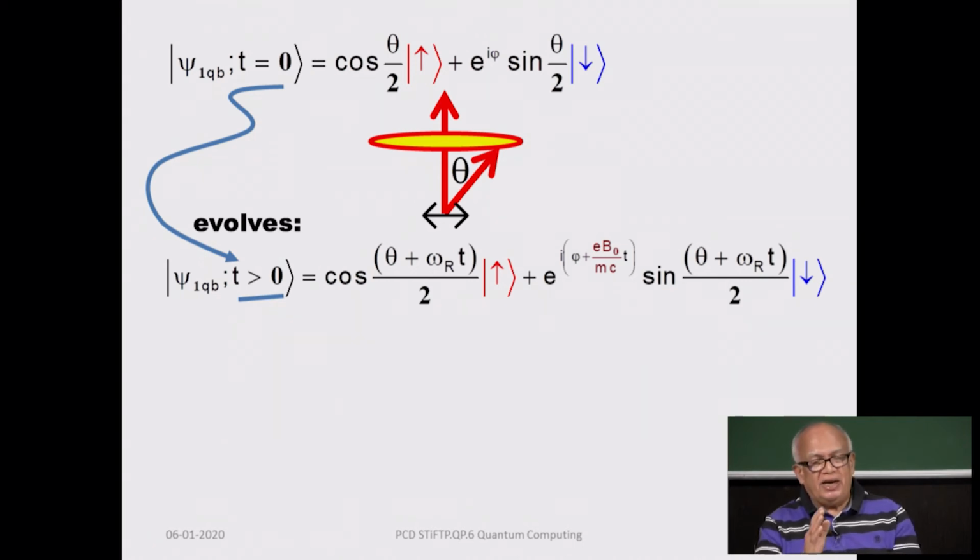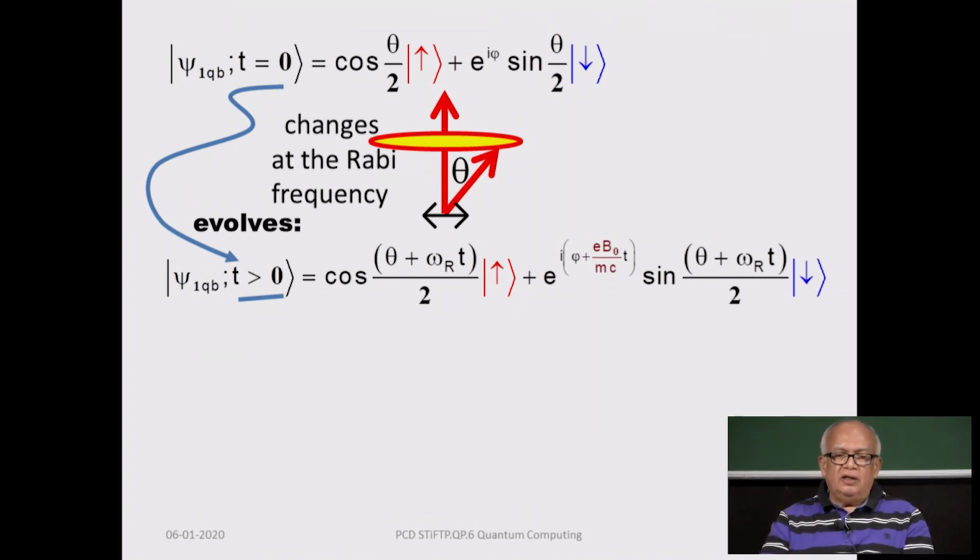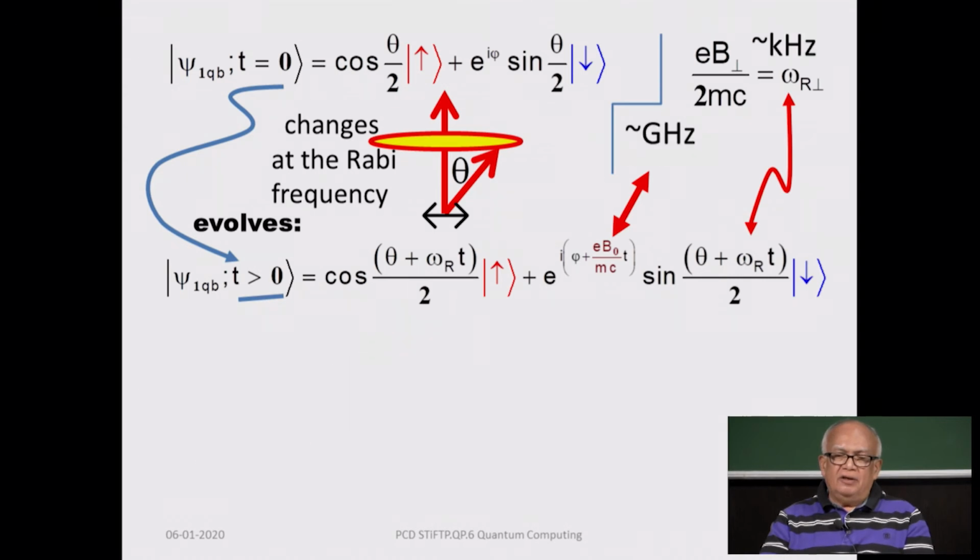One is the interaction with a steady magnetic field, which makes the angular momentum precess, and the other is an orthogonal oscillatory field, which will change the angle at which this precession takes place, and you can control this, okay. So, the Rabi frequency is usually of the magnitude of kilohertz, but this one is in gigahertz.